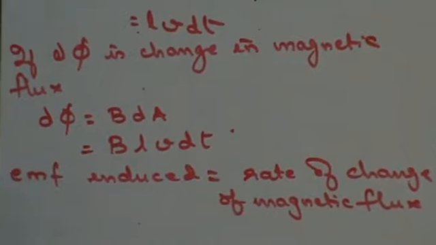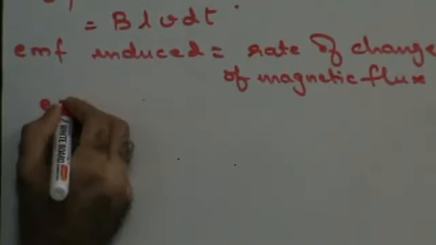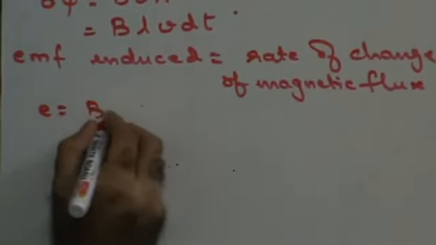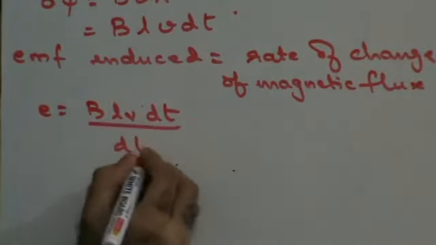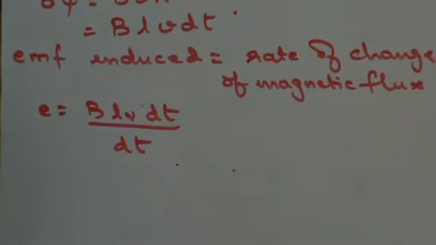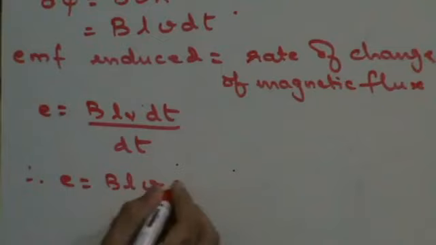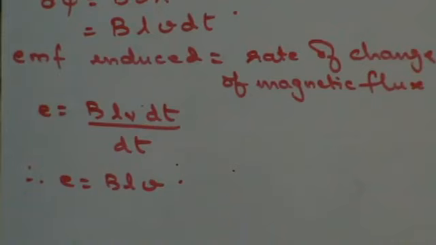In which case I can therefore say that EMF induced is nothing but B L v dt upon dt. So therefore EMF induced is going to be nothing but BLv. So that is the EMF induced by a conductor of length L moving with a velocity v in a magnetic field of induction B. Do we get this?